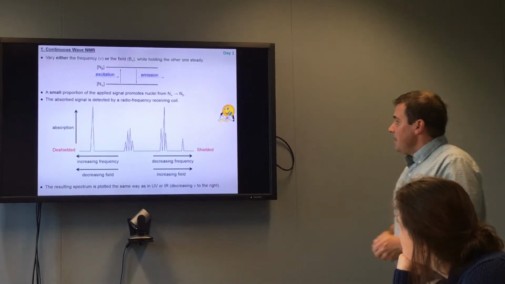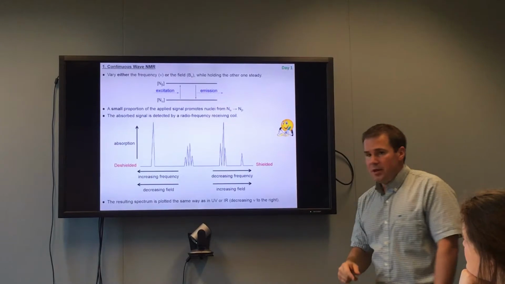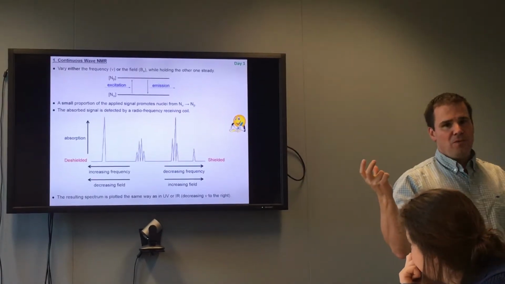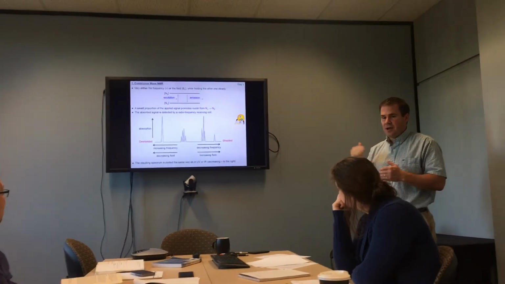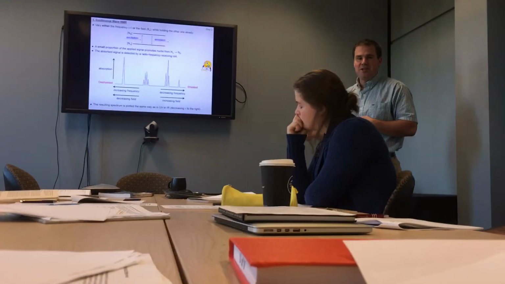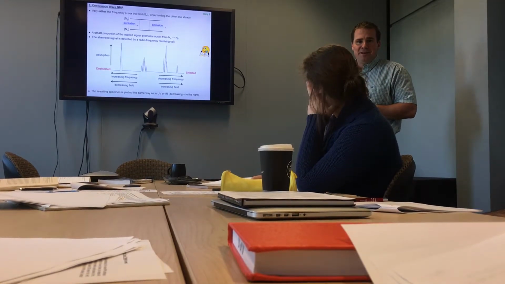That's going to give us a spectrum. We could plot that spectrum any way we want, and as NMR has moved through the decades, people have actually decided to plot it in different ways.